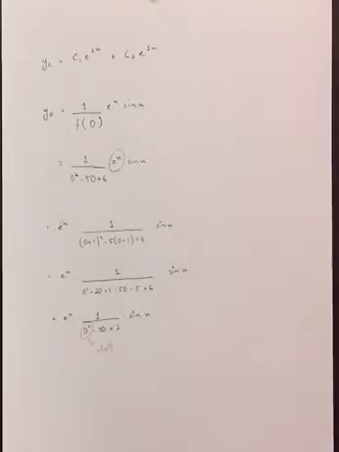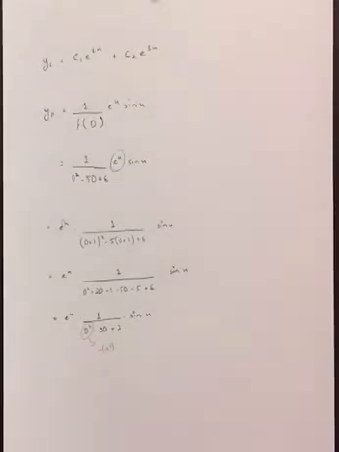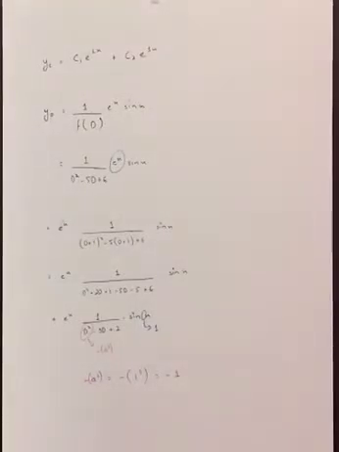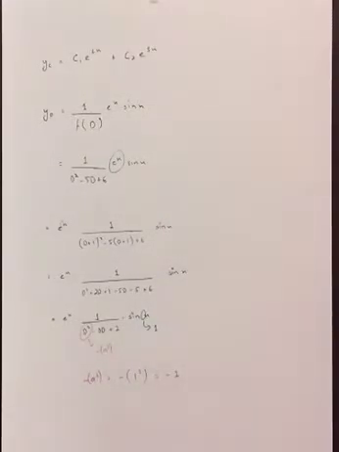In this case, the coefficient is 1. So minus a square is equal to minus 1 square, which is equal to minus 1. Now substituting D square with minus a square, we get e^x into 1 upon minus 3D plus 1 into sine x. We cannot solve with D in the denominator.